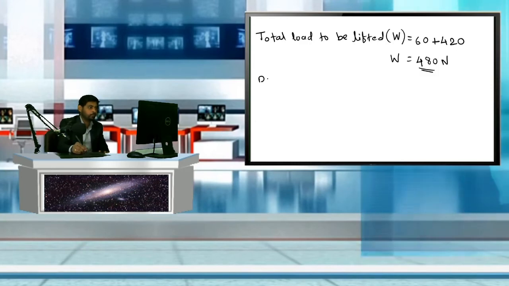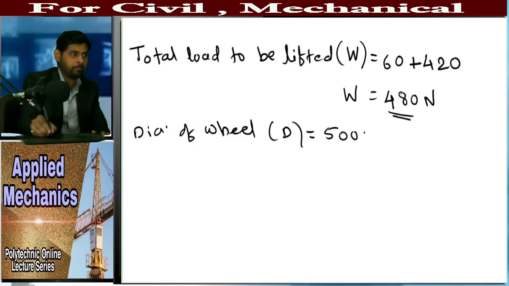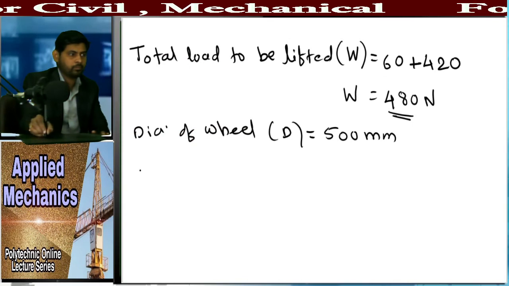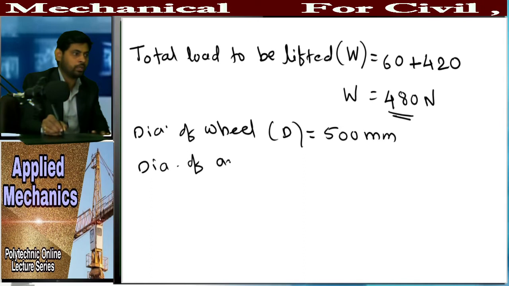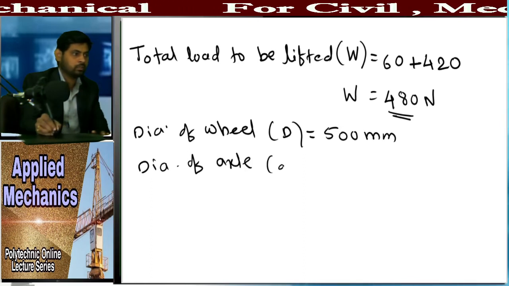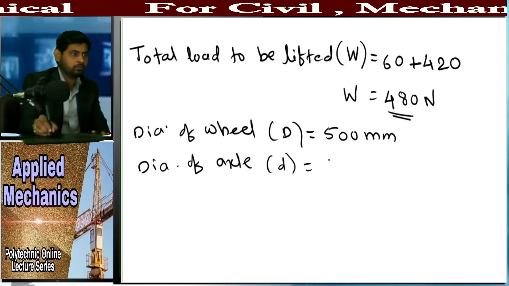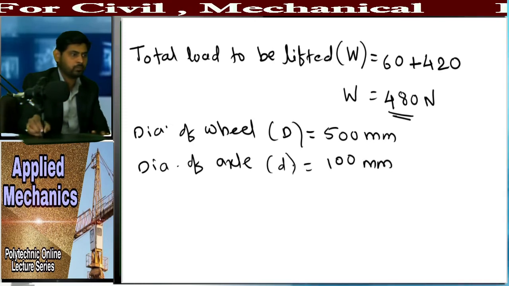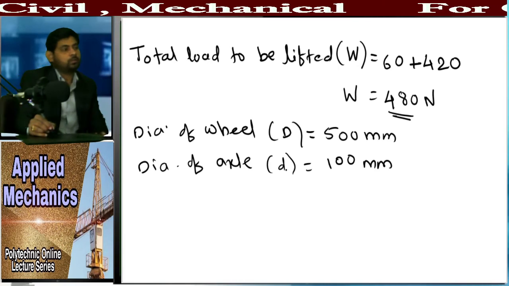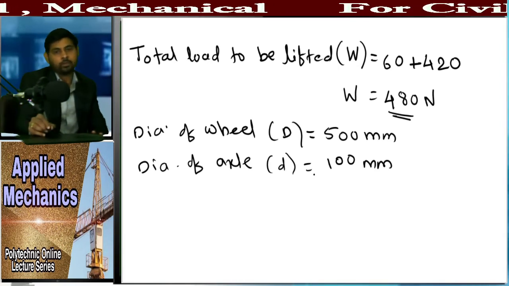So write down the diameter of wheel, that is capital D, is equal to 500 mm, and the diameter of axle, that is small d, is equal to 100 mm. Okay, so these are the values for diameter of wheel and diameter of axle.